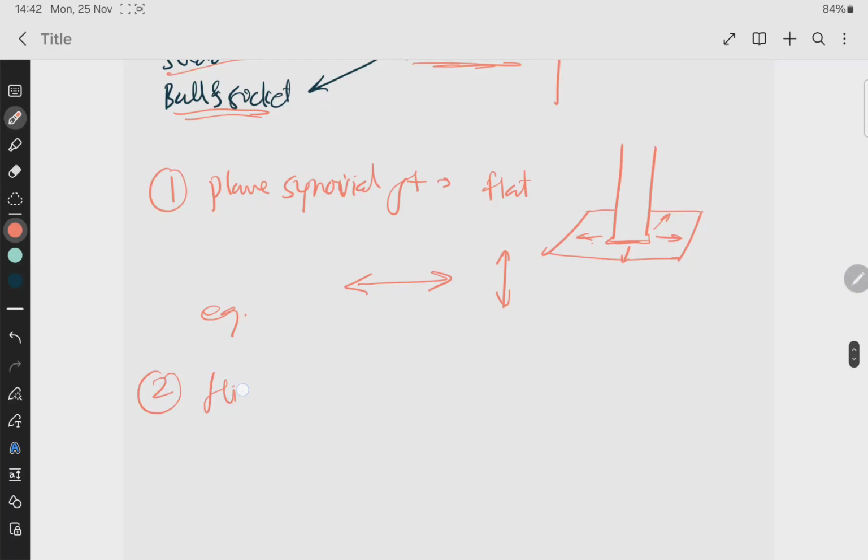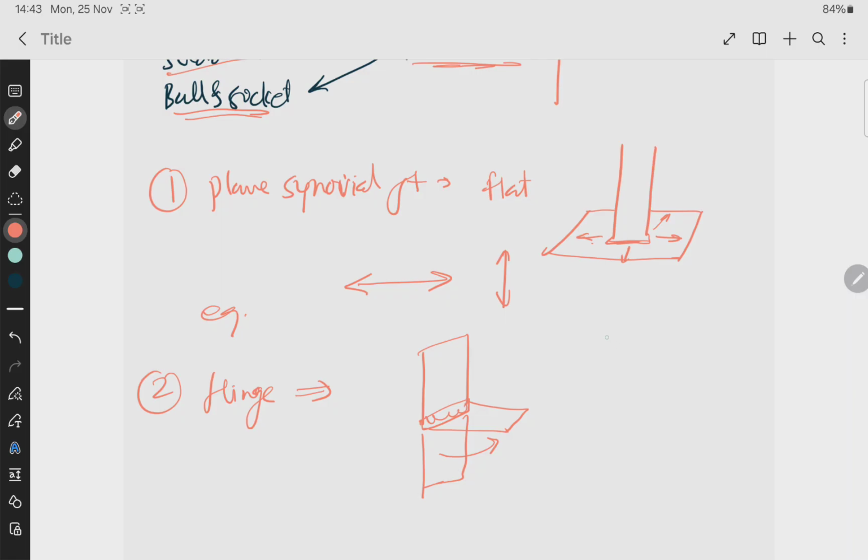The second type of joint is called a hinge synovial joint. In the hinge synovial joint, the articular surfaces are like a pulley, for example like the hinge of any door. When it moves, it moves from here to here.